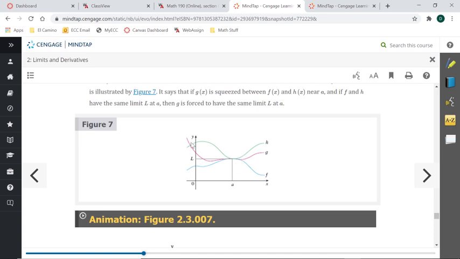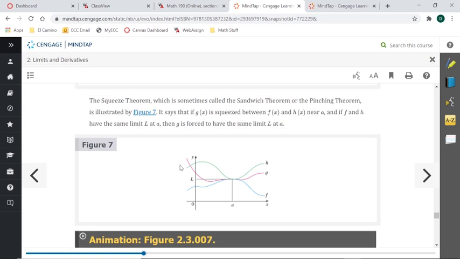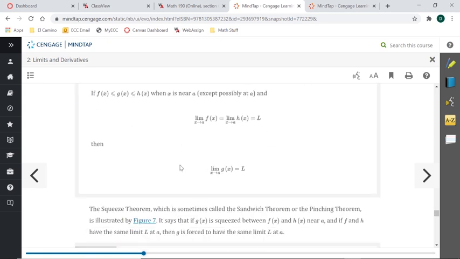This doesn't have to be true necessarily when we're far away from a, but when we are near a, this would need to be true to use this theorem. g is the function we're interested in for their example, and it is above the floor, which is f, and below the ceiling, which is h, but there can also be points where they are all equal to each other. And in fact, it's going to be important that they do merge specifically at a in order for the squeeze theorem to apply.